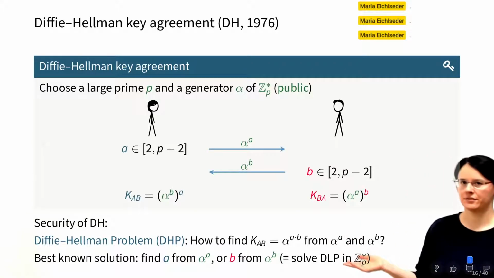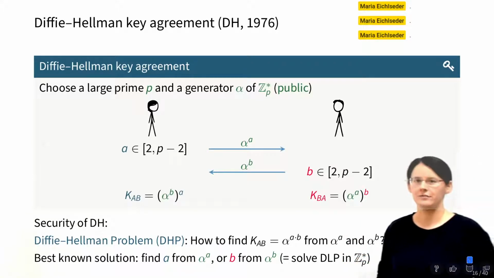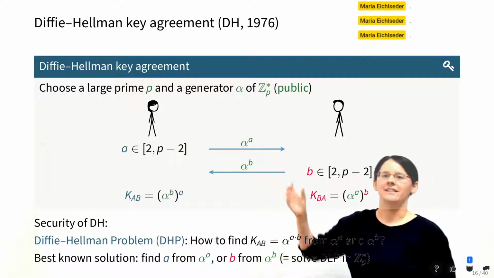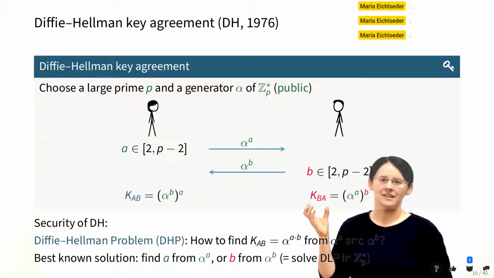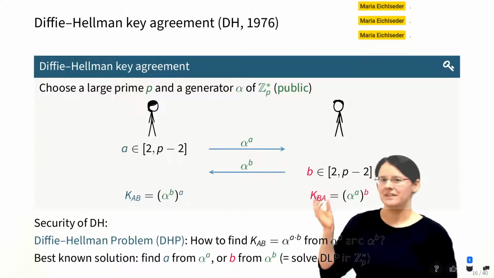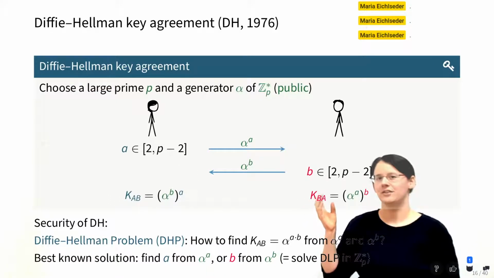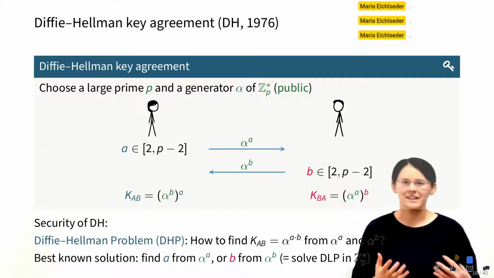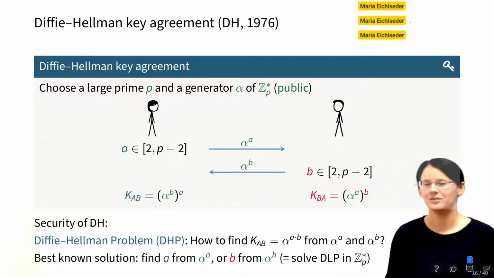There are some variants of this problem, like the decisional Diffie-Hellman problem, which is something like, given these two and given a candidate for this key, you're only supposed to decide whether this candidate is actually the correct result of this computation. So you're even given a potential solution, you only need to tell if it's true or not.